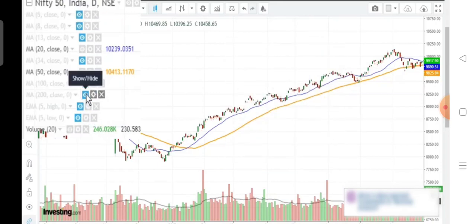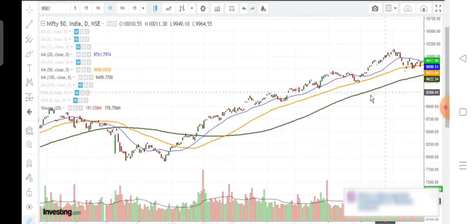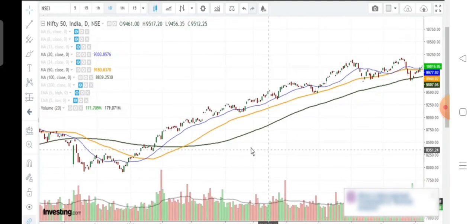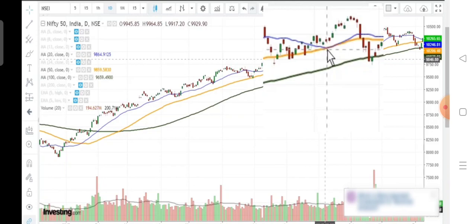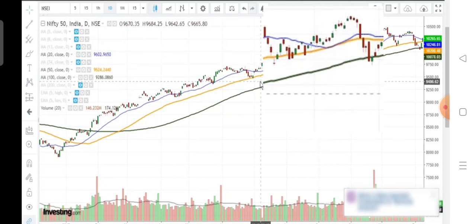In a 20-50 kind of crossover, we normally look at the 100 period moving average as it is sloping upwards, and we can see that such crossovers are happening. Like here, it touched the 50 period moving average, the 20 period, and as it went up, we can see that the price went quite higher.